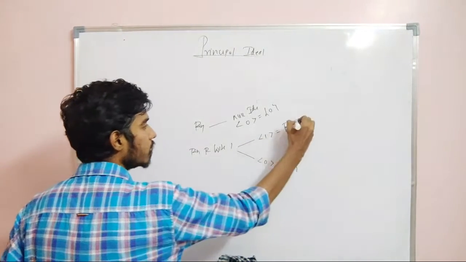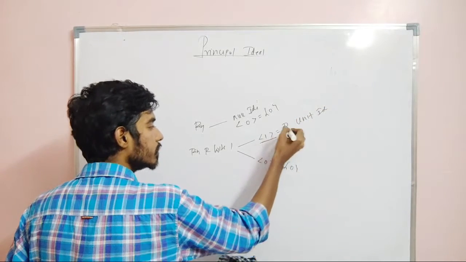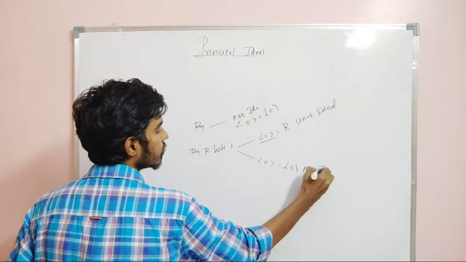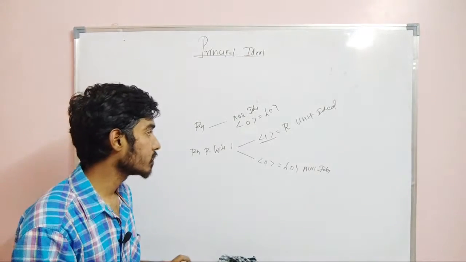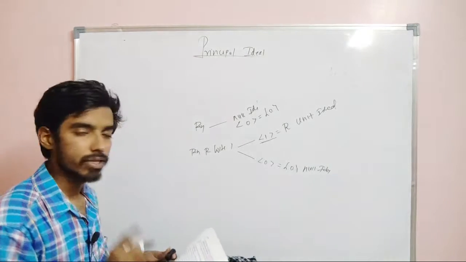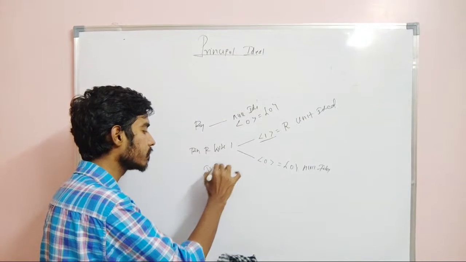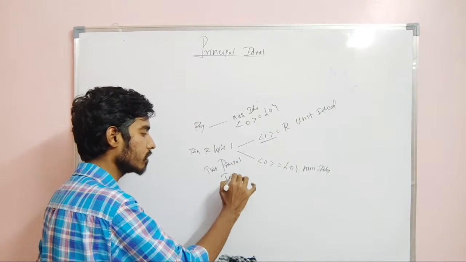This is called the unit ideal, that is, the set generated by 1, which will be the whole ring, is called the unit ideal, and the one generated by 0 is called the null ideal. So a ring always has one principal ideal, and a ring with unity will always have two principal ideals. There can also be others, but surely we will have two.